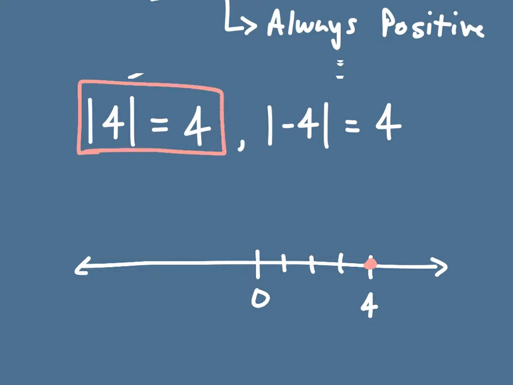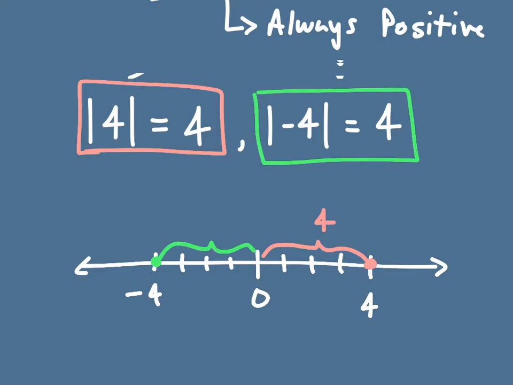It's the distance from 4 to 0, and that's a value of 4. If we do the same thing for -4 and plot that point, we want to know the distance from -4 to 0, and that distance is also 4. That's how we get that.